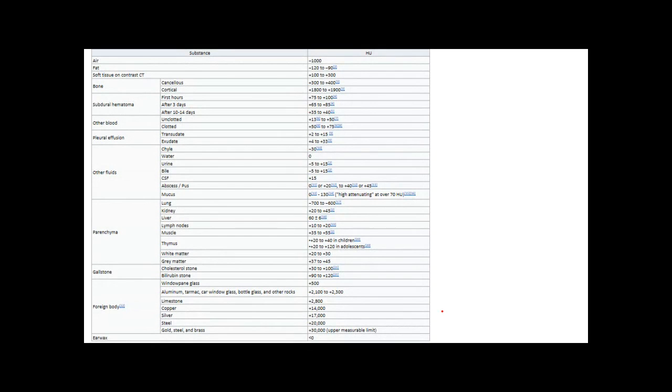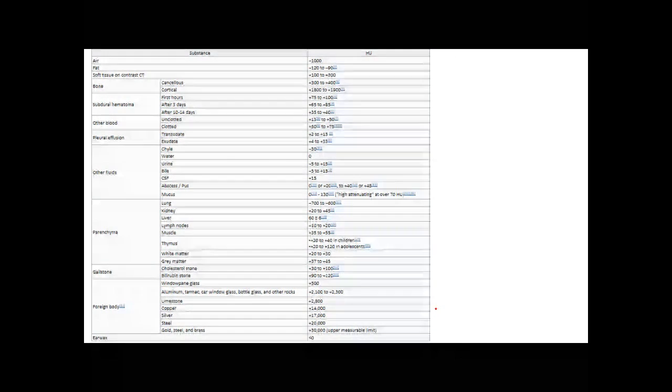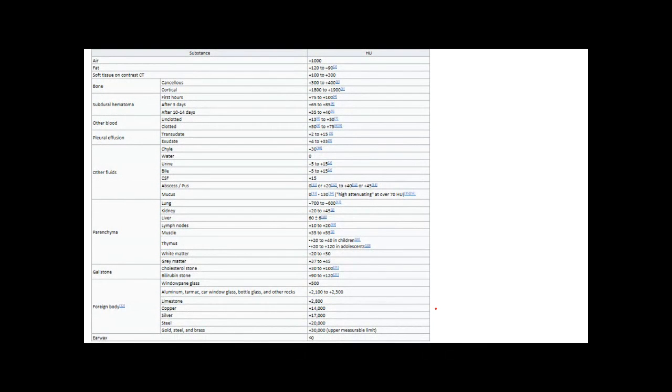It's recommended that each CT control room has this list, and this is just a small list with each specific tissue type and its Hounsfield unit, as a reference for the technologist and for the radiologist.